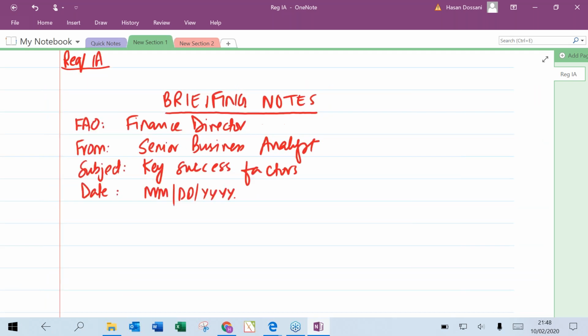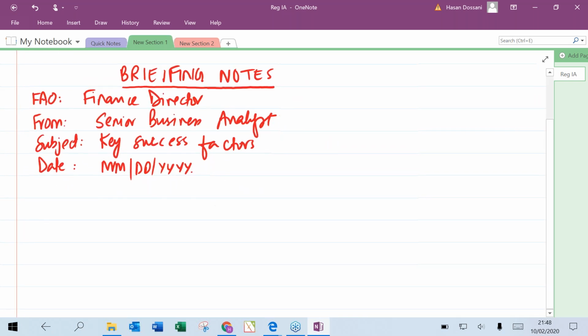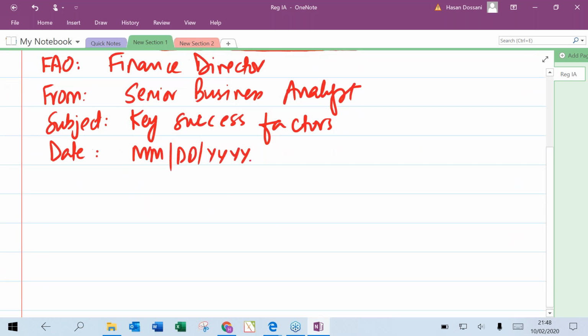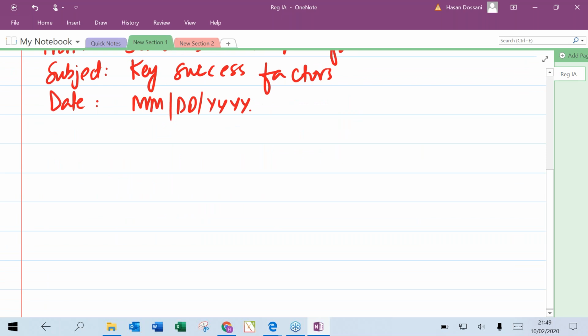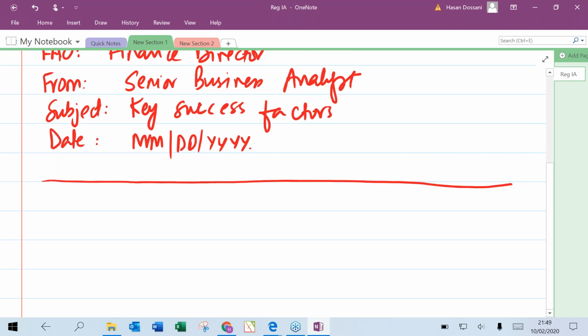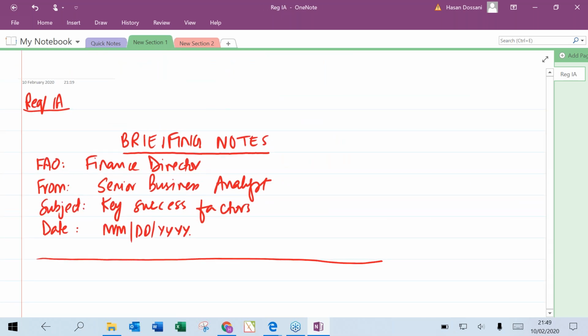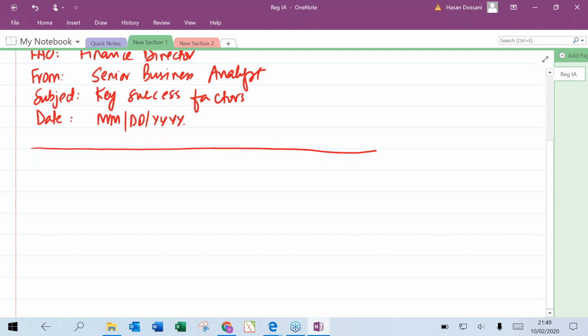Now, leave one line, and now you have to give an opening sentence or an intro para. I think I would like to draw a line to separate the from and stuff like that. And now you can write a small intro para.